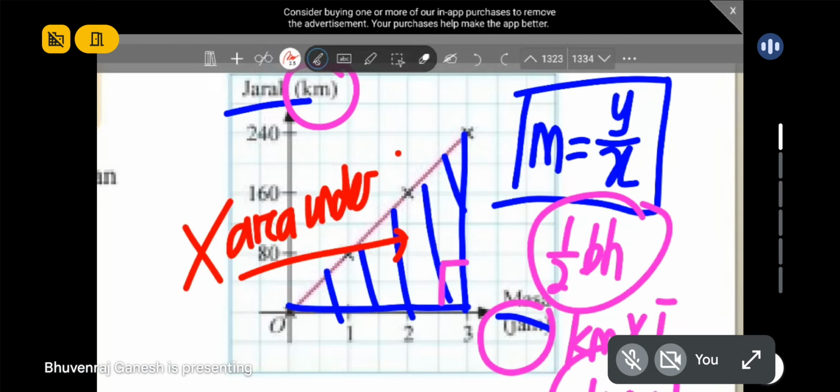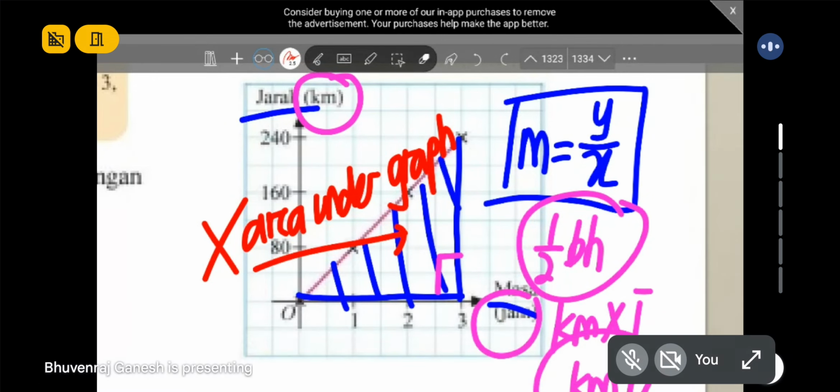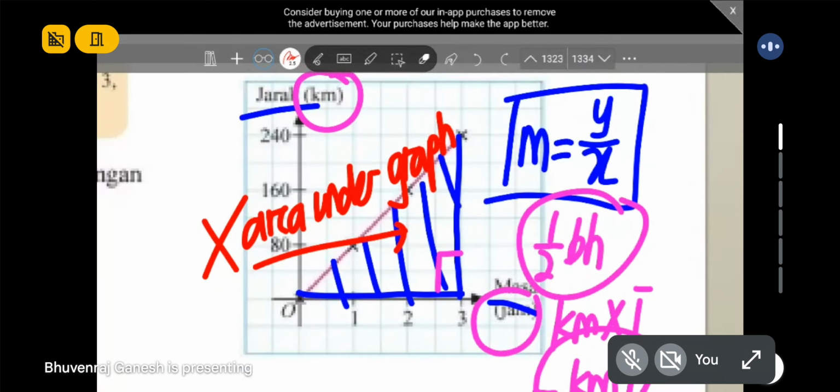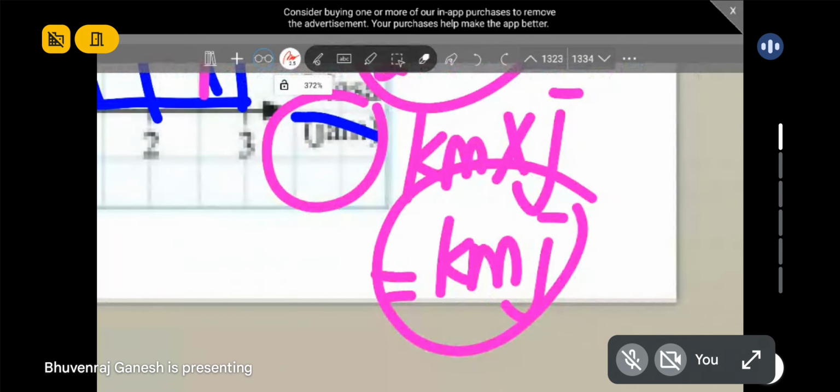Okay, understand guys? Just remember this thing. So if the question asks what quantity represents the area under a distance against time graph, the answer is none. Can? Everyone understand? There is no answer. Okay? Because the unit is like this.